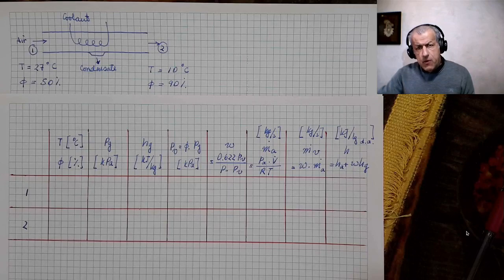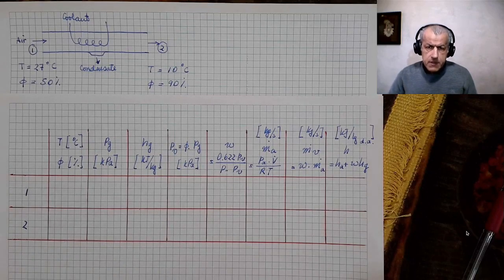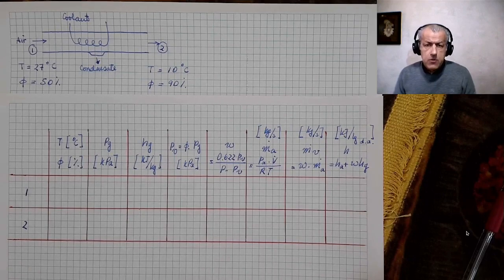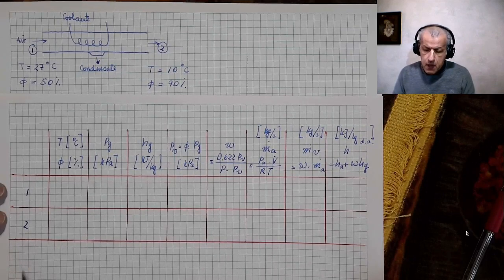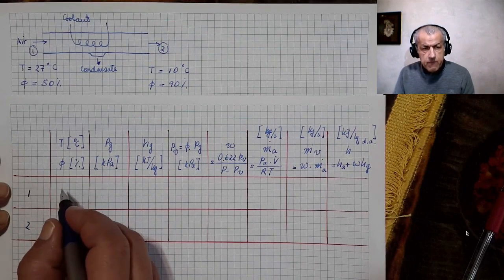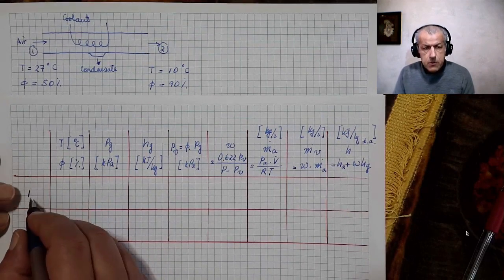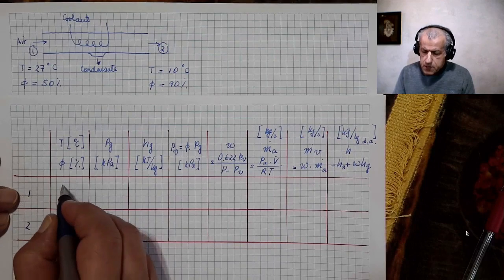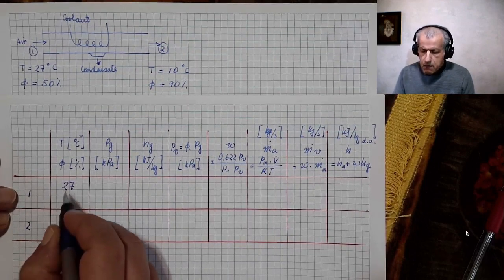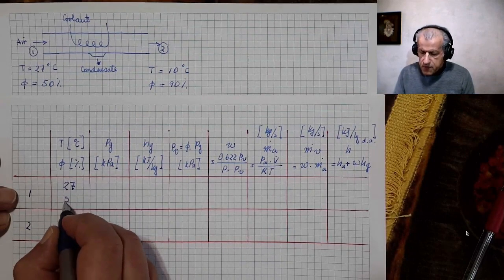Well, as before, I draw a table for the properties that is of concern to us. Now, the 2 properties that we are usually given are temperature and humidity. And in this case, for point 1, our temperature is 27 degrees C and our humidity is 50%.